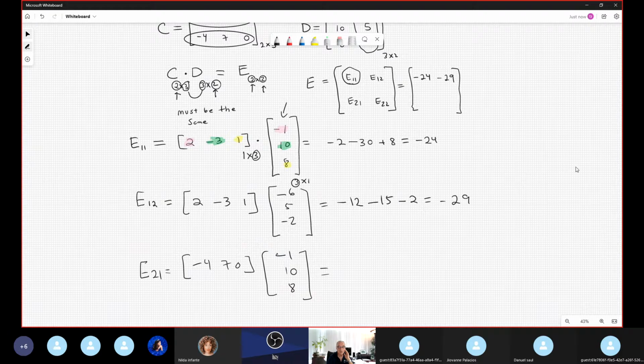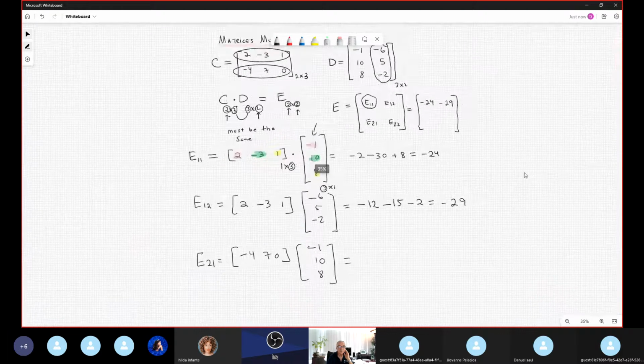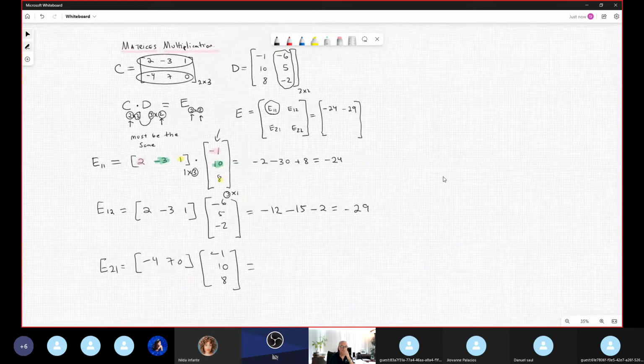Let me see the big picture. I multiply this row times this column. We have positive 4, negative and negative positive, 70 and 0. The answer is 74.